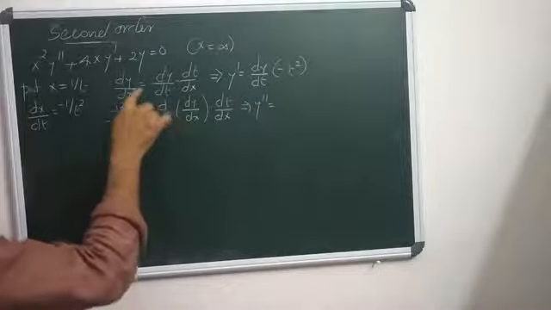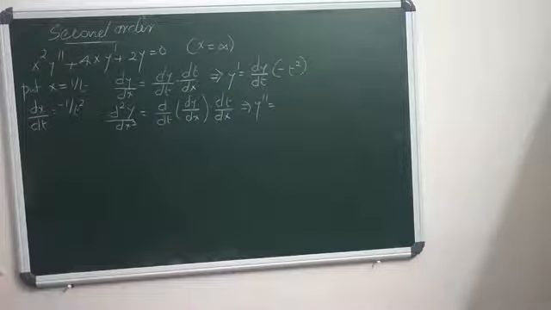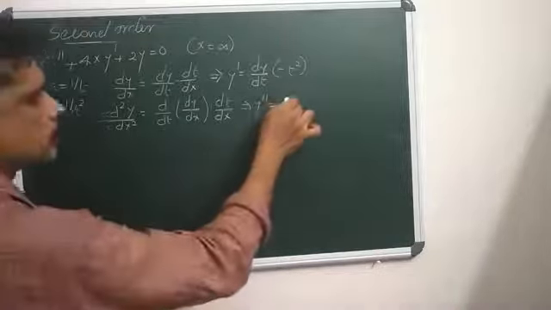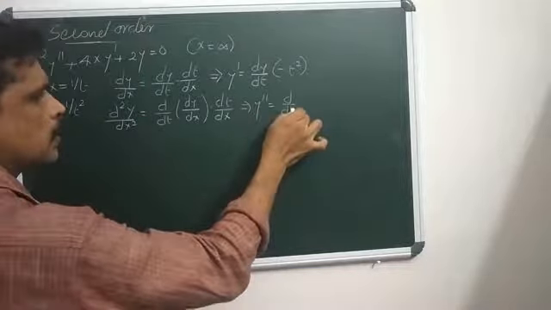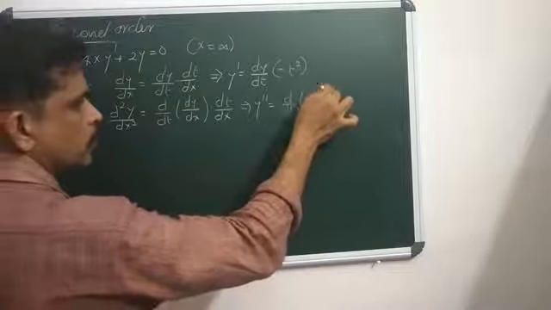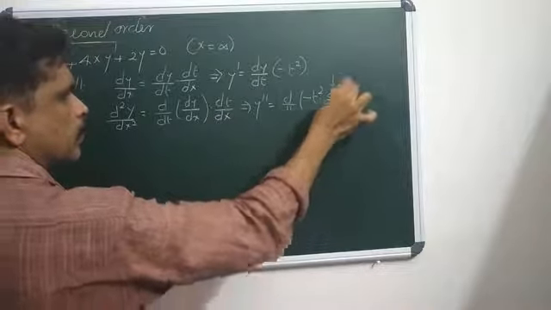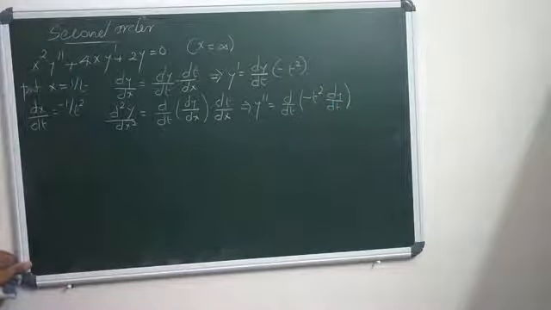What is dy by dx? dy by dx is dy by dt into minus t square. Now dy by dx is minus t square into dy by dt into dt by dx. What is dt by dx? It is minus t square.